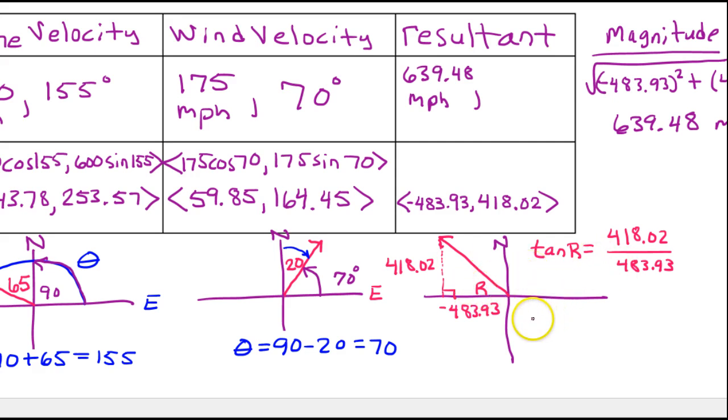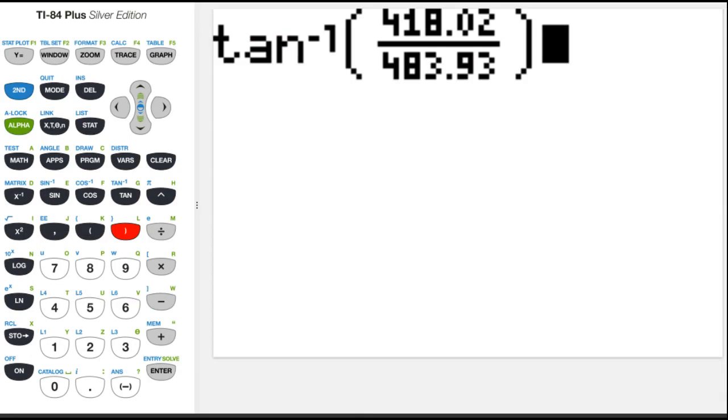Okay, so when I go to find the value of R, I will do the inverse tangent of 418.02 over 483.93. Okay, so let's go ahead and find out the value of the reference angle.